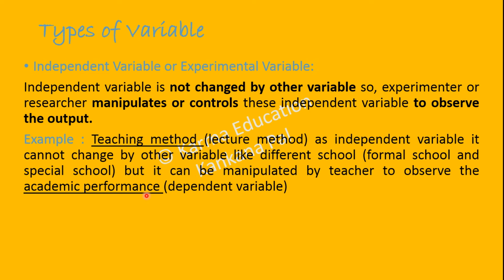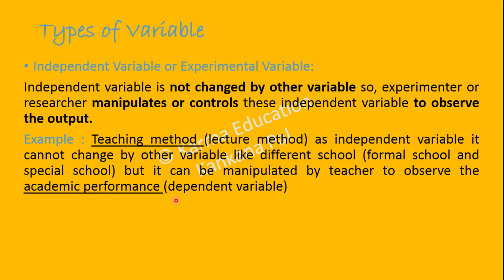So here teaching method is independent variable which cannot be changed by other variable, like different school, for example formal school or special school, but which can be manipulated by the researcher to observe academic performance, that is dependent variable, right?